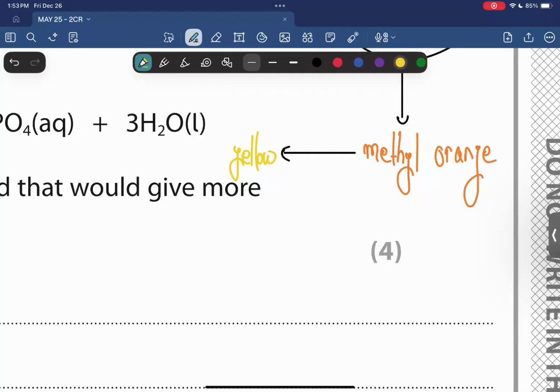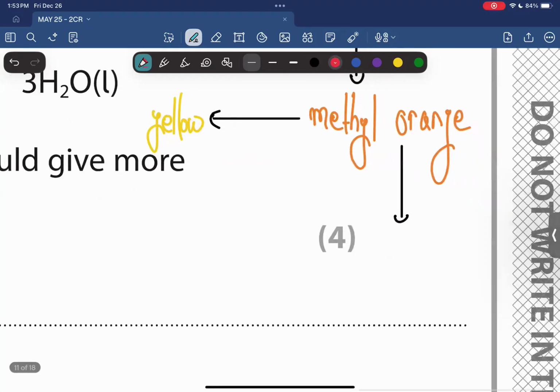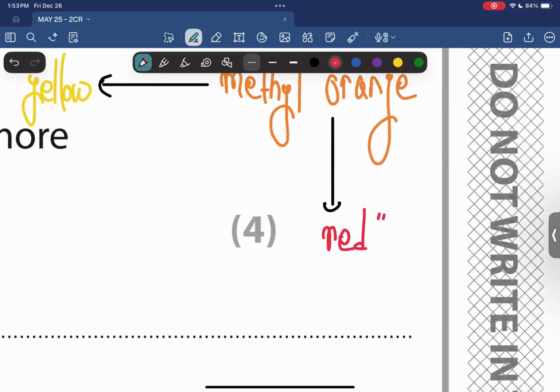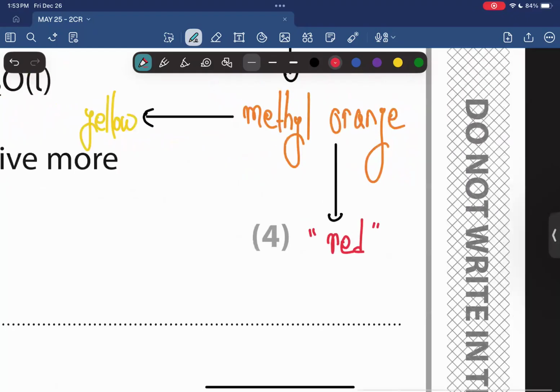And in acidic condition, the color of the indicator is red. Methyl orange: alkaline yellow, acidic red.